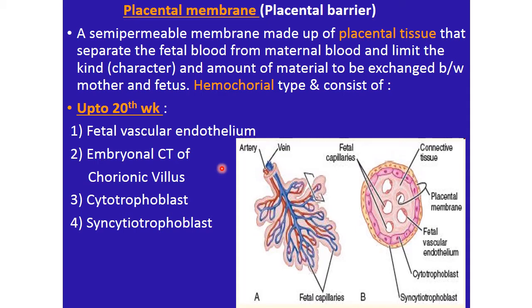The placental barrier is composed of those structures through which the exchange takes place between the maternal blood and the fetal blood. From the last slide, you see the intervillous space with floating free villi, and the intervillous space filled with the maternal blood.